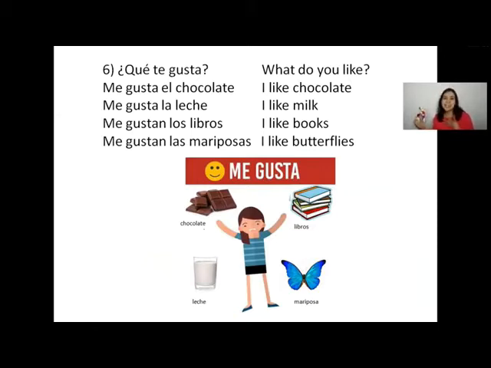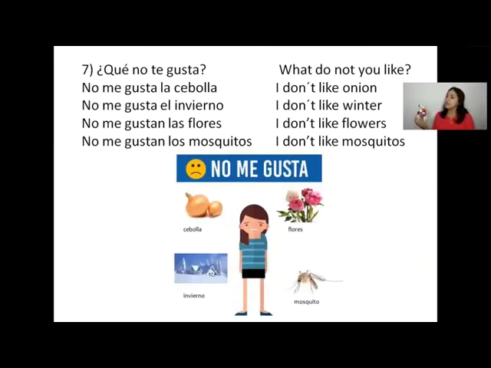Me gustan las flores. Flowers. Me gusta la leche. Me gustan las mariposas. ¿Qué no te gusta? No me gusta el invierno. Winter. No me gustan los mosquitos.